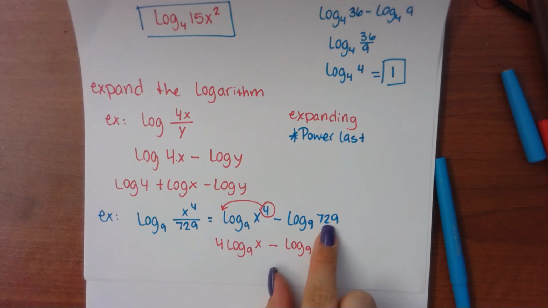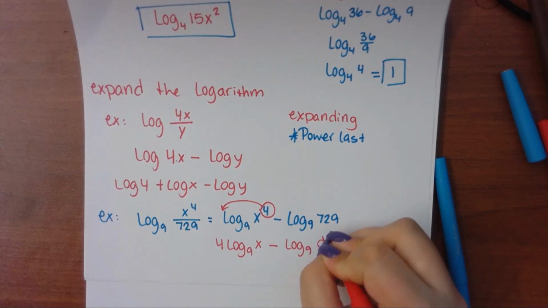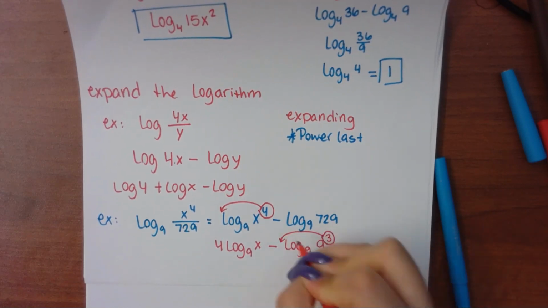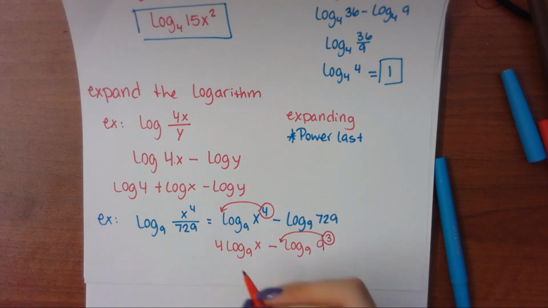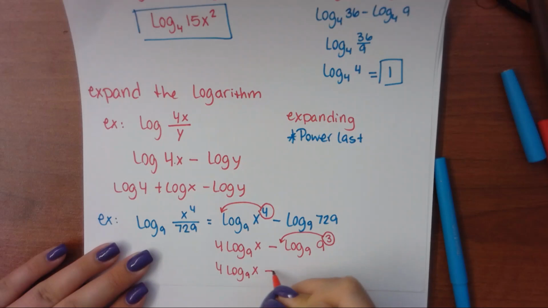That's what I try to check, because if I have the base that's the same, then I can drop off those bases, and I could just have that number. And in this case, we can say that 9 to the power of 3 is 729. That power gets brought out front, and then log base 9 of 9 is 1. So this is 4 log base 9 of x minus 3.